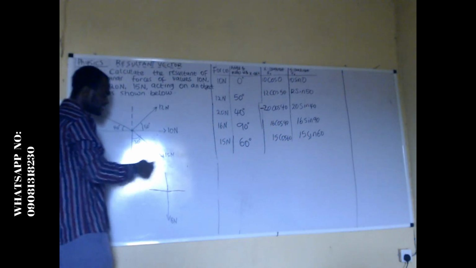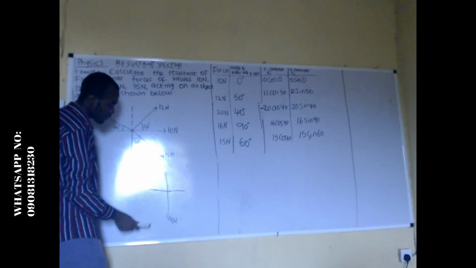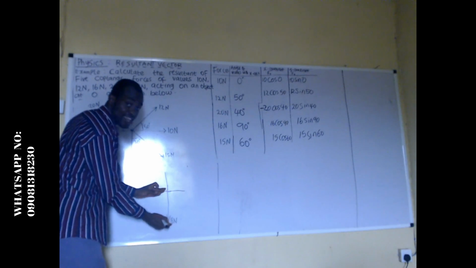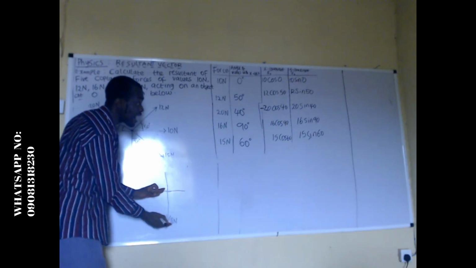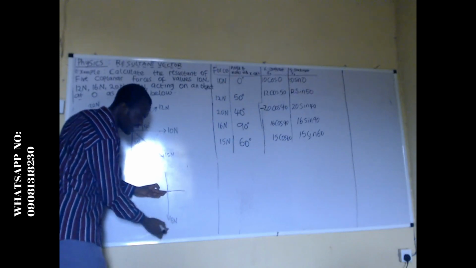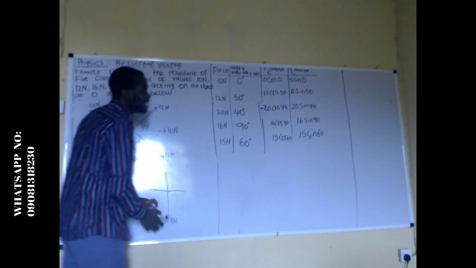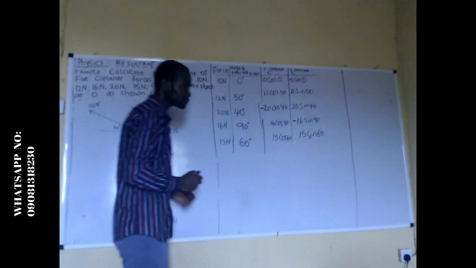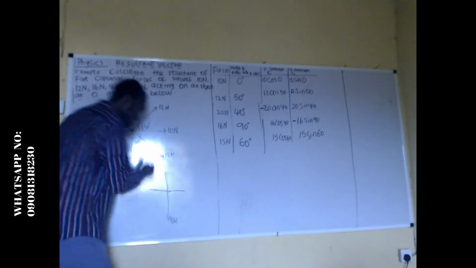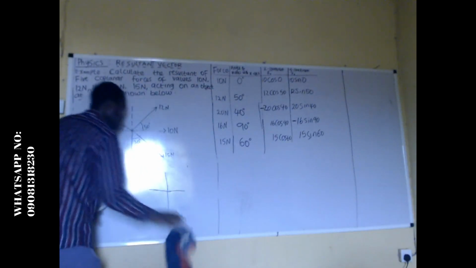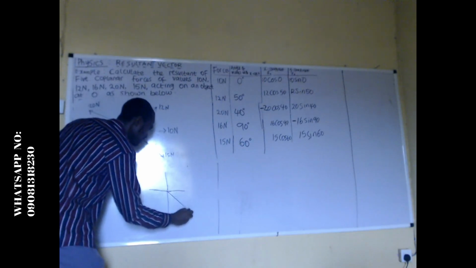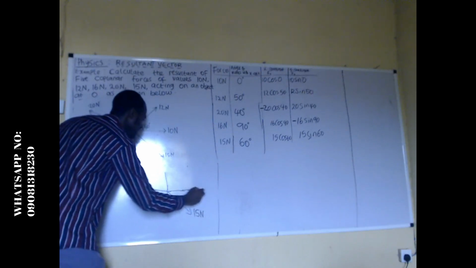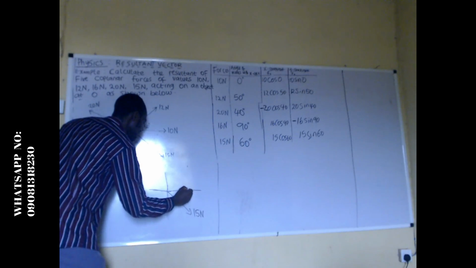Now what about its y component? Its y component, if you look at where it is, is on the negative part of the y axis. So you add a negative sign here. Now for the last vector, which is 15 Newton, we project this to resolve it into its x component.